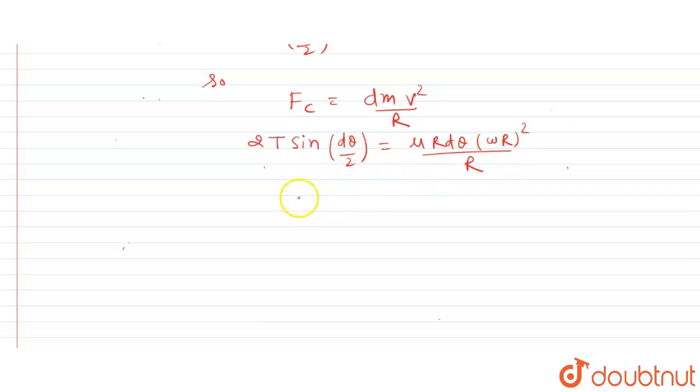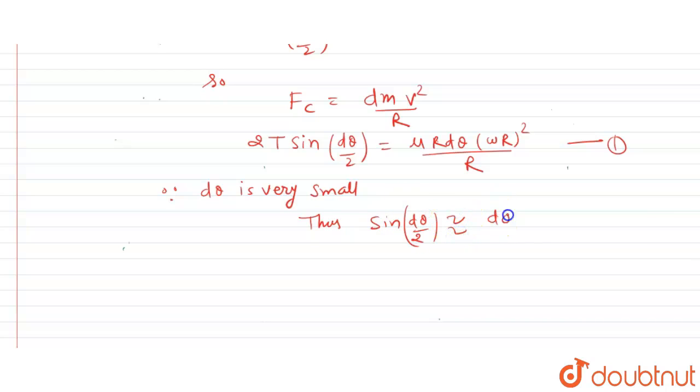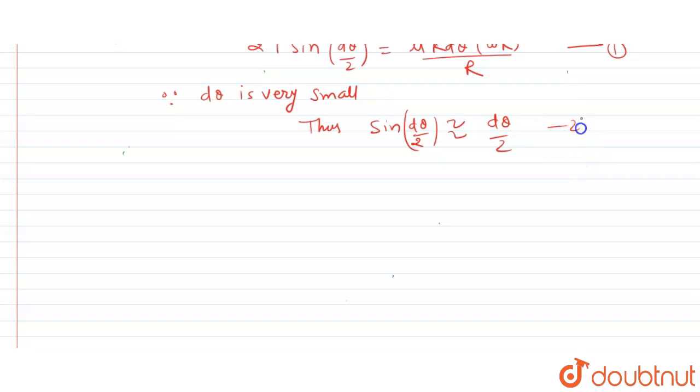Since d theta is very small, sine d theta by 2 will be approximately equal to d theta by 2. This is our equation 2.